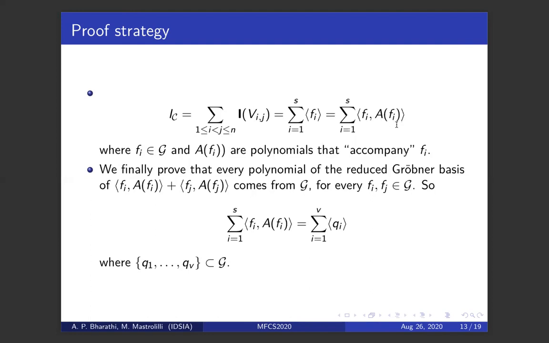We then prove that for any Fi, Fj in G, the sum of these ideals here, which basically come from here, has a reduced Grobner basis, which is a subset of G. So these new polynomials will replace Fi and Fj, and the process continues until we reach a point where Fi's are replaced by Qi's, and the reduced Grobner basis of sum of any two ideals here is a subset of Q1 to Qb.